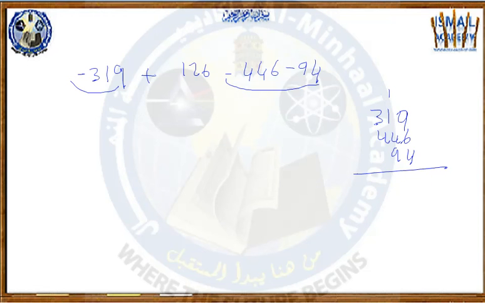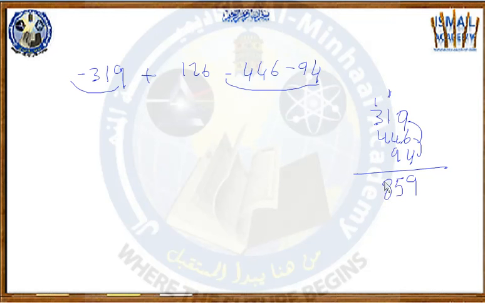I have 10 and 9 is what? 10 and 9 is 19. Because 6 plus 4 is 10, plus 9 is 19. I carry 1, yes? Then I will have 15. 14 and 1 is 15. So I put 5. I carry 1.